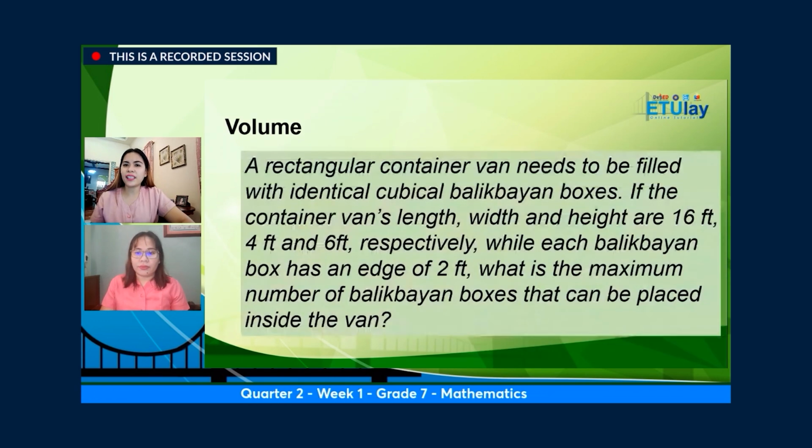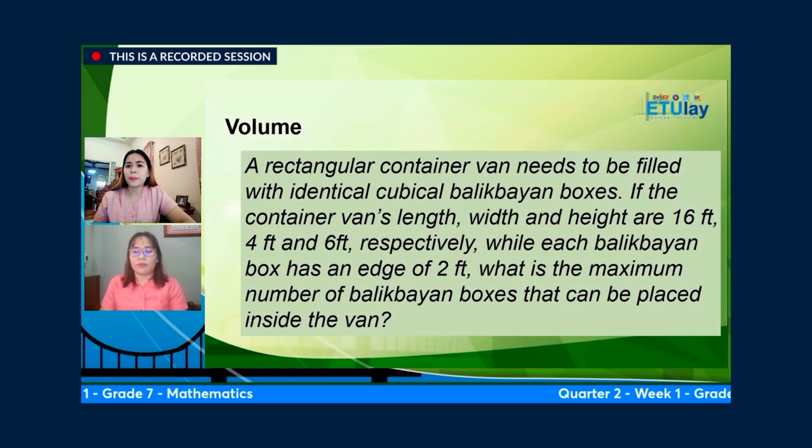Okay, let's have another example for volume. A rectangular container van needs to be filled with identical cubical balikbayan boxes. If the container van's length, width, and height are 16 feet, 4 feet, and 6 feet respectively, while each balikbayan box has an edge of 2 feet, what is the maximum number of balikbayan boxes that can be placed inside the van?